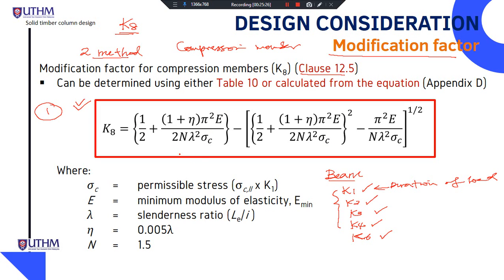In this equation, stress c represents the compression permissible stress, c for compression. The permissible stress is compression parallel to grain, multiplied by K1.